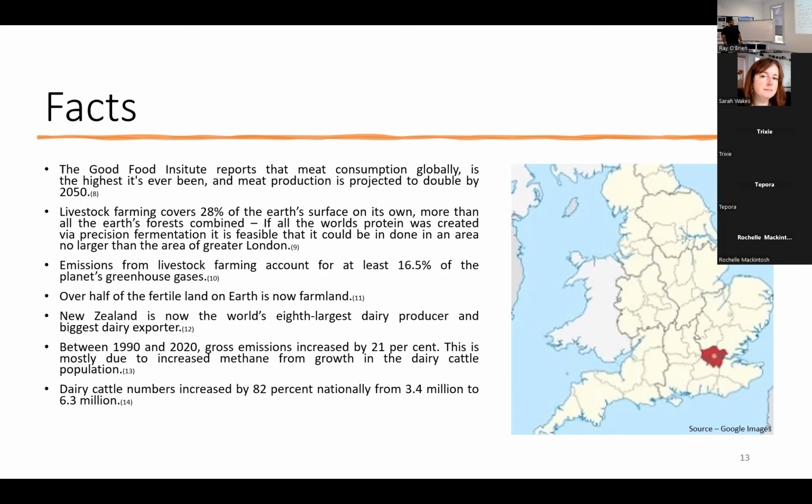This is mostly due to increased methane from the growth of the dairy cattle population, and dairy cattle numbers have increased 82% during that same period, from 3.4 million to 6.3 million. This all doesn't sound so alarming, but this is supposed to be a hard-hitting fact of why changes need to be made now.